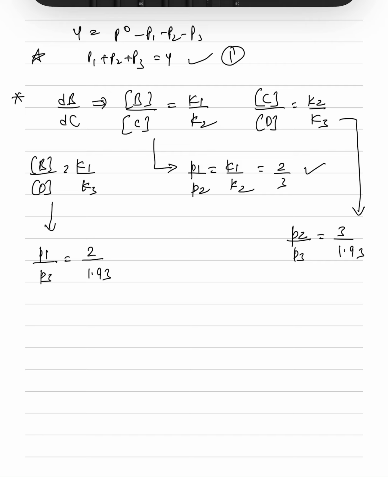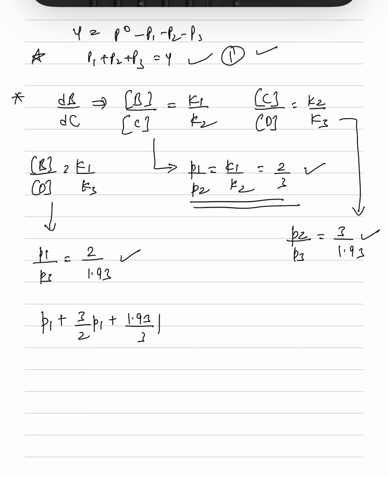Since we need to find the value of P1, what we can do is take the values of P2 and P3 in terms of P1 and put them in equation 1, right? So P1 plus, now P2 is how much? If you look at this equation, P2 is 3 by 2 of P1, plus P3.